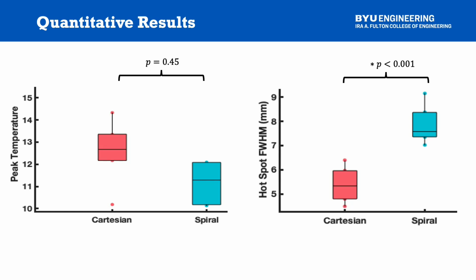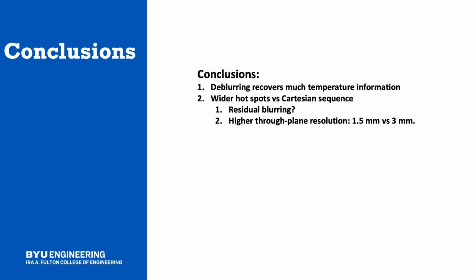However, here on the right-hand side, if we plot the measured full-width half maximum of the hot spot in the transverse plane using both the clinical Cartesian sequence and the tested spiral sequence, we can see that the Cartesian sequence reports a significantly narrower hot spot than the spiral sequence.